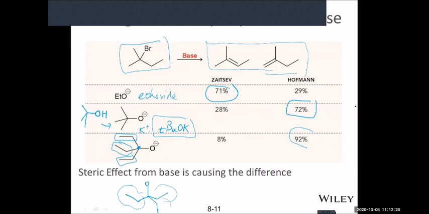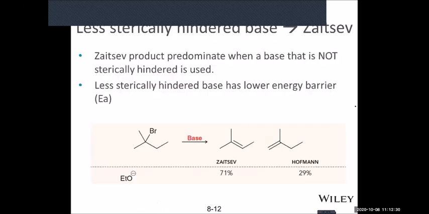So what caused the difference? Again, the difference is caused by the steric effect of the base. When the base is not sterically hindered, it is a very small base.